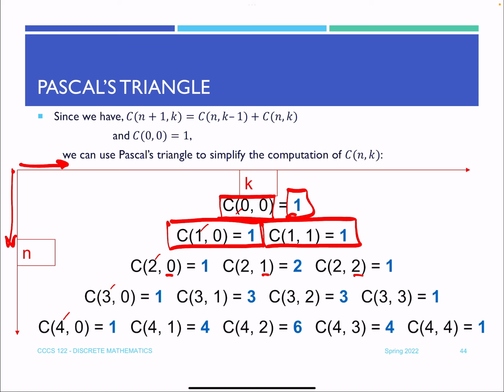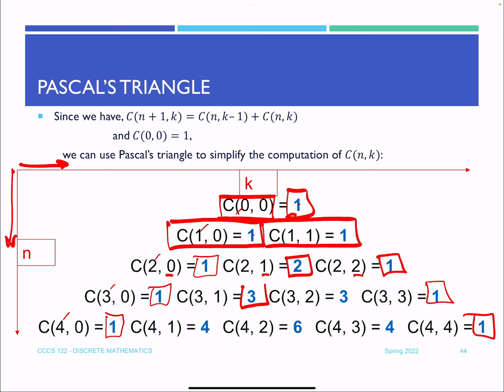Now, if you look at the values of these combinations in blue, check the pattern. We have 1, 1, 1, 1, 1 over here, 1, 1, 1 here on the sides, and right in the center, in the third line, we have 2.